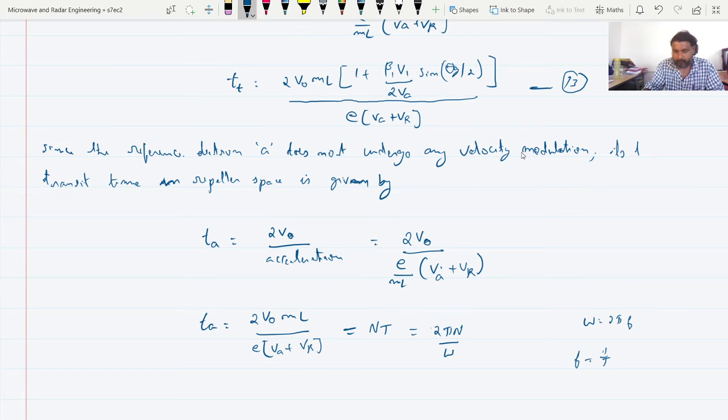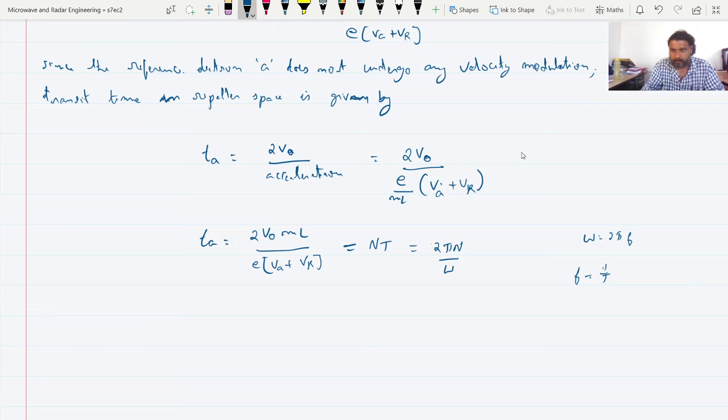Okay. So what you will get? T is nothing but 2 pi by omega, since omega is nothing but 2 pi into F. So T is nothing but 2 pi by omega into N, where N is nothing but 2 V naught ml by E (VA plus VR).